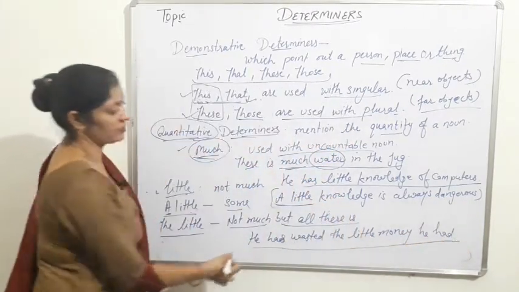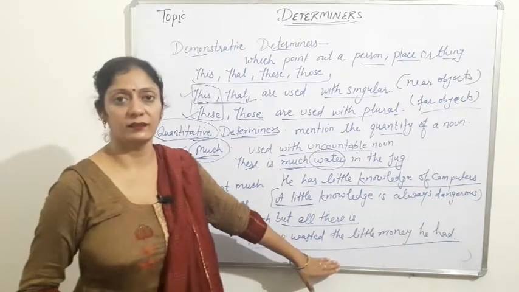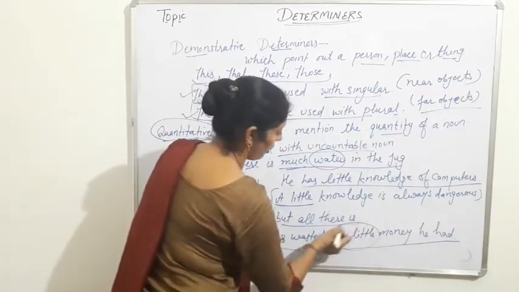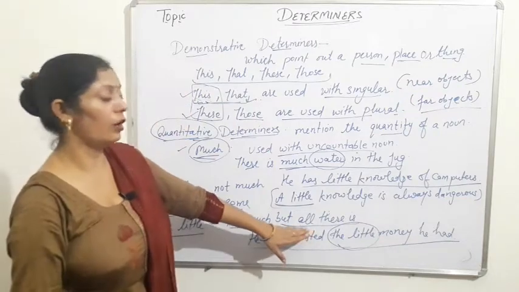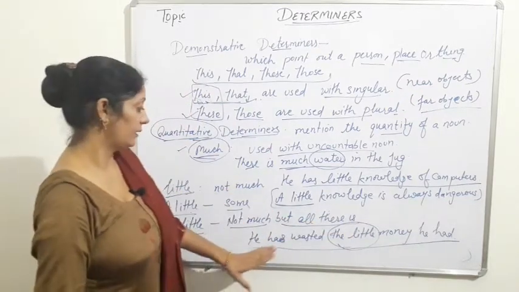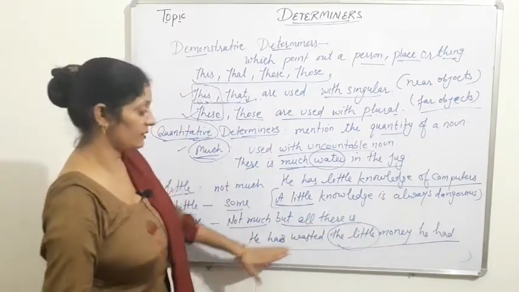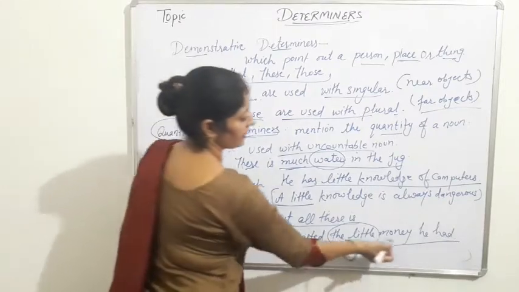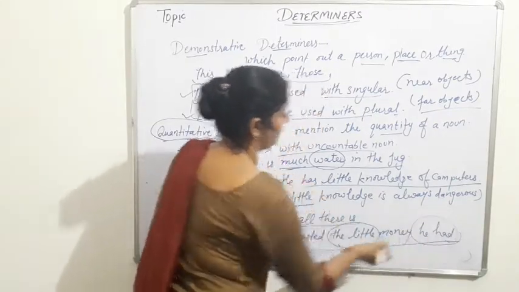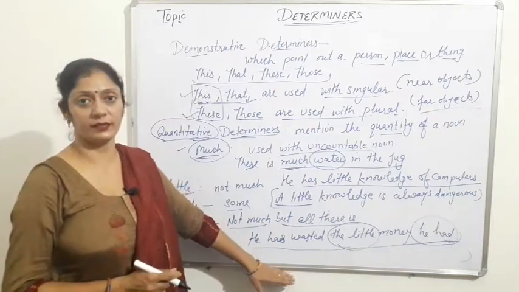It means he wasted all the money he had. The little means all there is, whatever he had, he has wasted that money. He has wasted the little money he had. Whatever he had, he has wasted that.